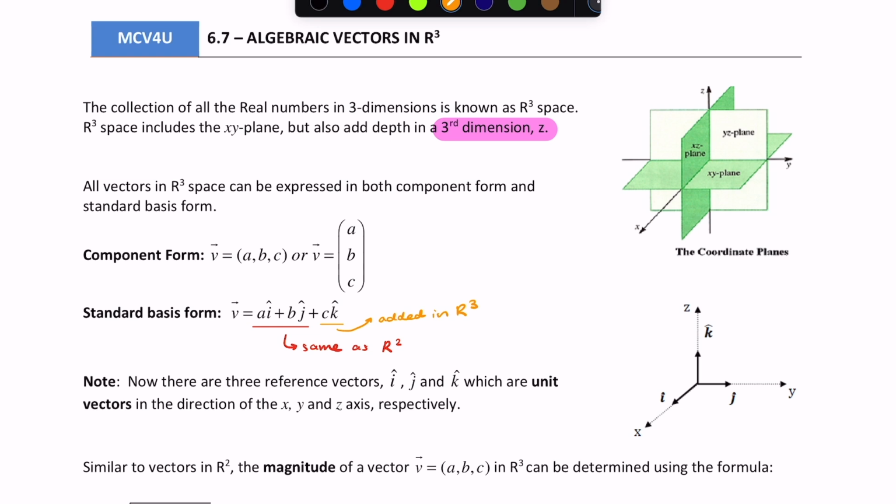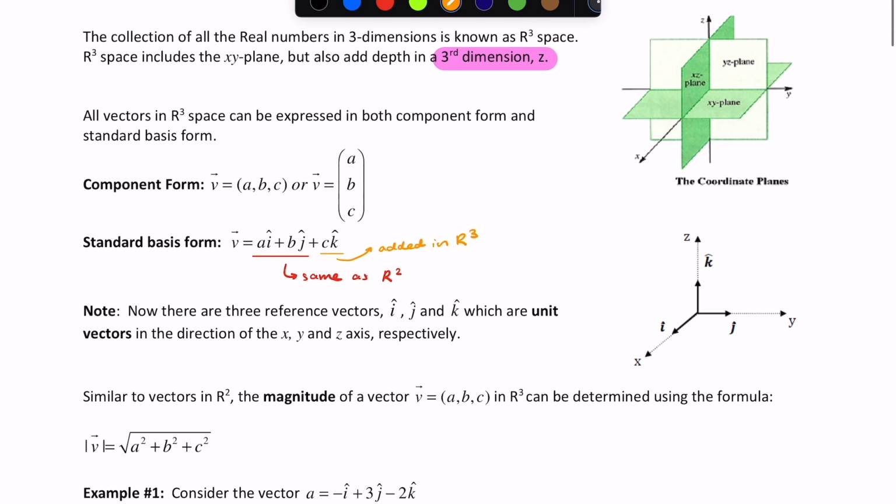Similarly to vectors in R squared, or two space, the magnitude of the vector v equal to a, b, c in R cubed can be determined using a formula. Remember when we looked at it in R squared, the magnitude of our vector was equal to the square root of a squared plus b squared, and we represented that using the Pythagorean theorem.